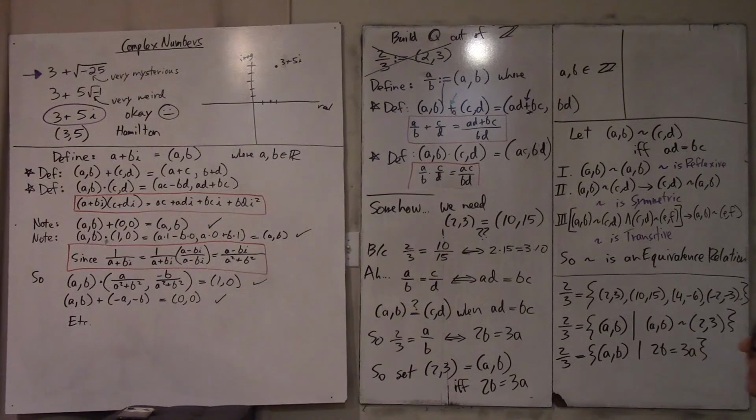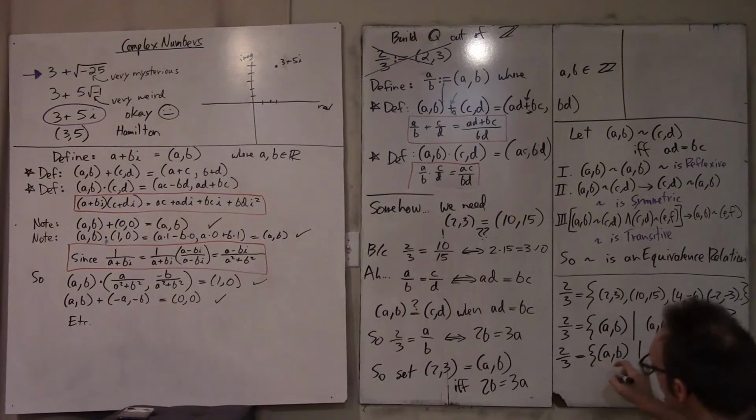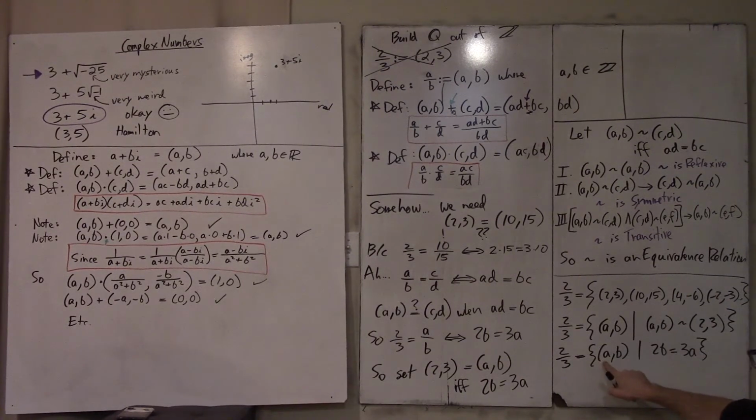And this solves the problem because now I use all those old definitions, but the actual objects themselves, what a rational number really is, is an equivalence class of ordered pairs of integers which are in the same ratio as 2 is to 3. But that fact can be expressed in the lower level language of integer multiplication.